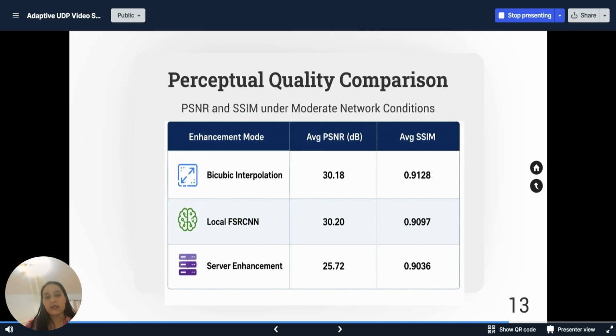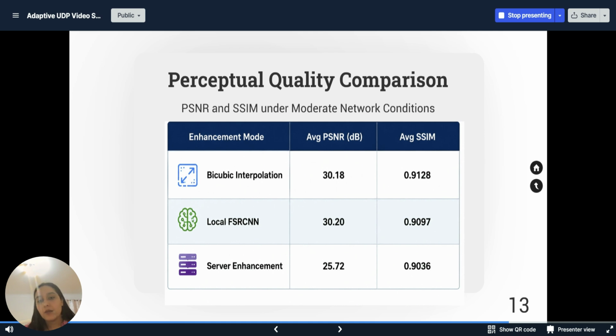We can see that local FSR-CNN had the highest PSNR, and all of them had almost 0.9 in their average SSIM, meaning that we had very good fidelity to the image, which was very good for our system, and we were happy with it.